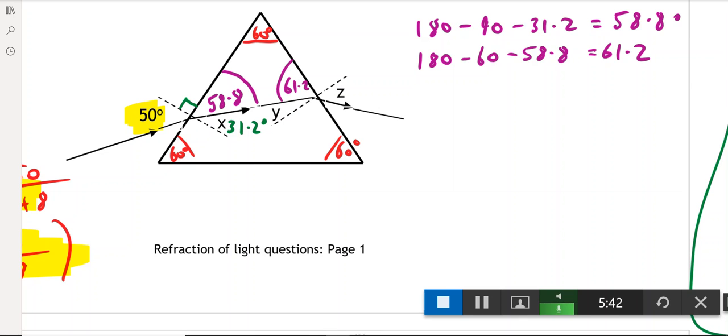So not actually using any formulas, just using our knowledge from maths that angles in a triangle add up to 180 to allow us to find the angles there. A little bit more to go.